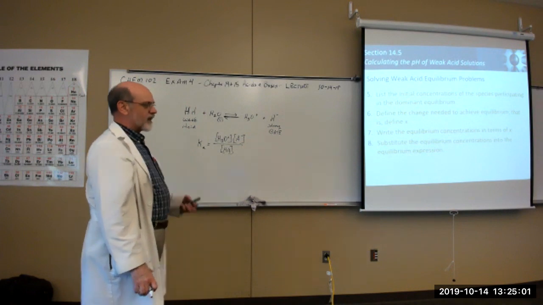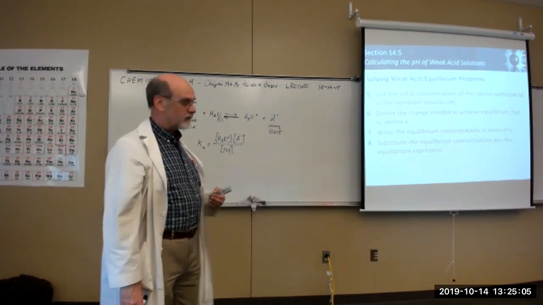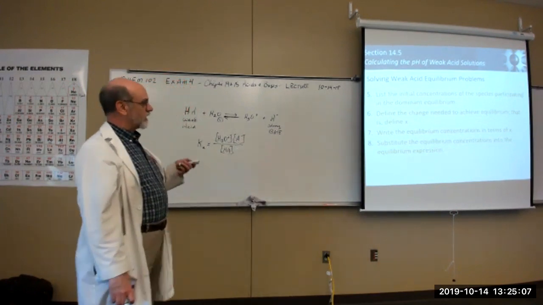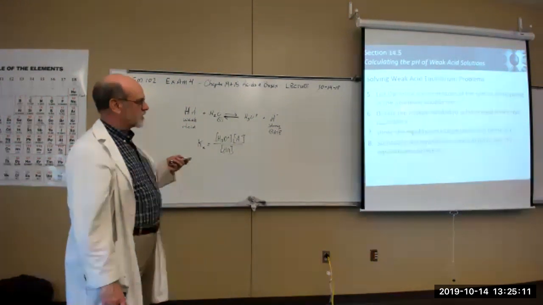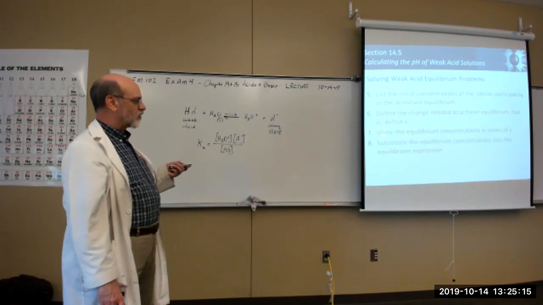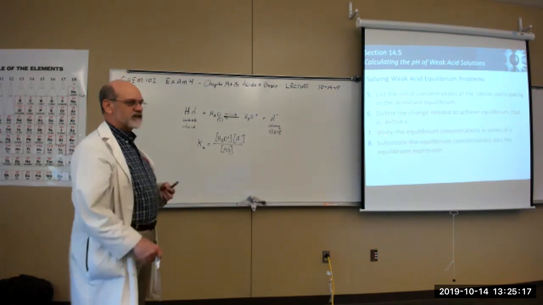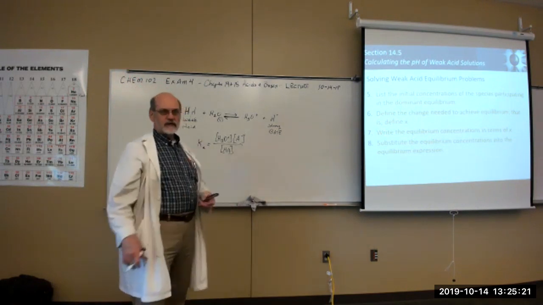So we're going to follow that ICE table concept: initial, change, equilibrium. And in doing that, we have to know the initial concentrations of the species and then what their changes happen to be. And then we can write the equilibrium expression in terms of the unknown and solve for the unknown.